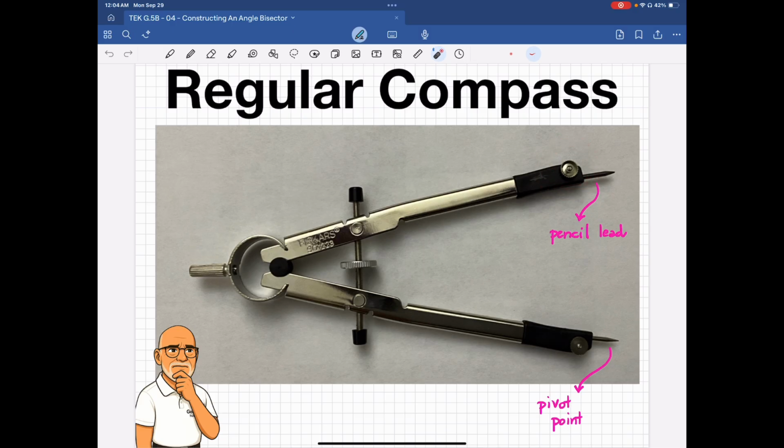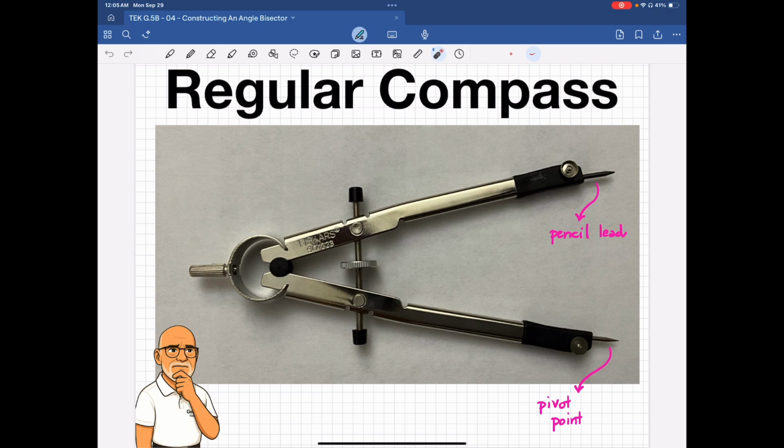Now, another section that we need to look at is right here, this little turn knob. This knob makes the compass get bigger or smaller by turning it. So we will have to adjust our compass in order to make the compass bigger or smaller, to make the arc marks go out or come on in.